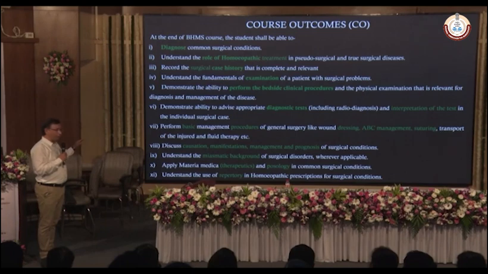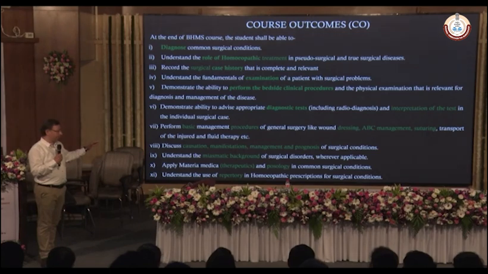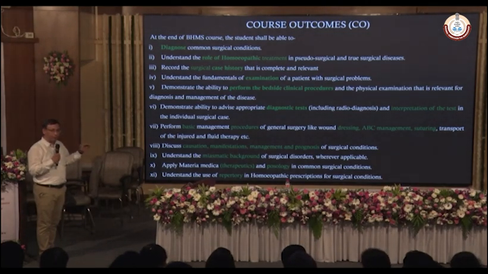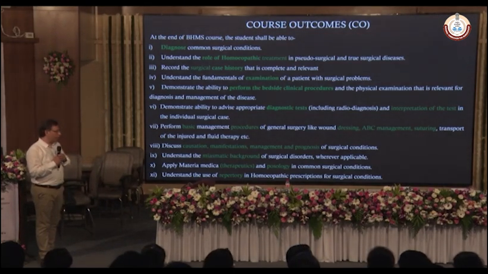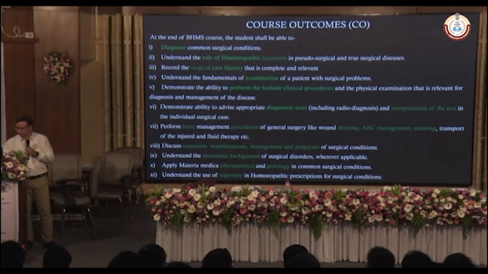This should be taught. And integration with the homeopathic subjects, like what is the cause of the disease, how to manage, how to arrive at a totality, differentiate various remedies, repertorization, and coming to a remedy. So this is the basic course outcome for surgery.